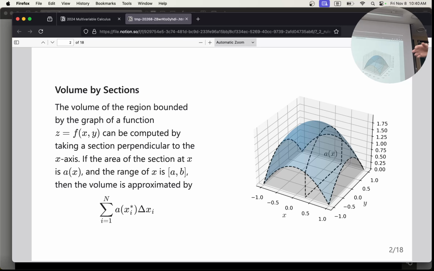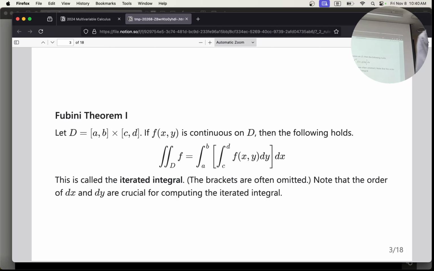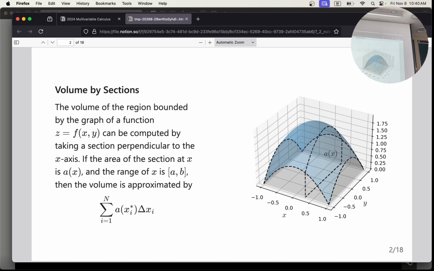So the question is, how do we get the area A(x)? When you're looking at the area A(x), let me go back to the slide here, you can rotate the plane that you cut the volume, and put it into the xy plane in some sense.